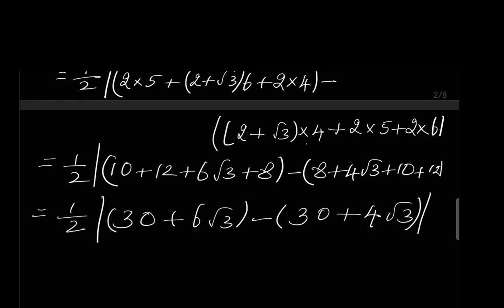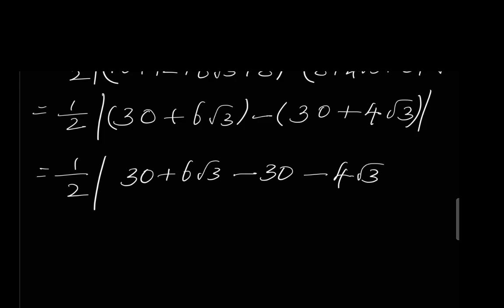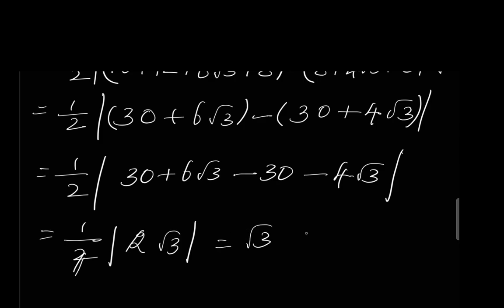You can remove the bracket. 30 plus 6 root 3 minus 30 minus 4 root 3. So half, 30 minus 30 is 0, 6 root 3 minus 4 root 3 is 2 root 3. Multiply, the 2 cancels, and you will get root 3 square units.